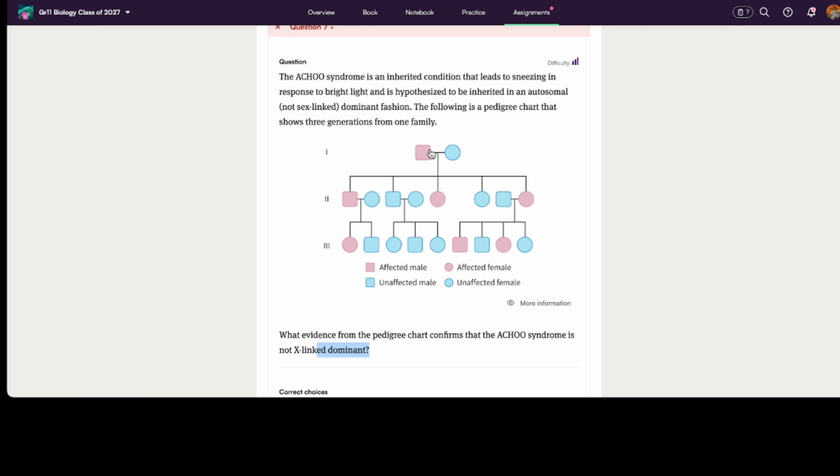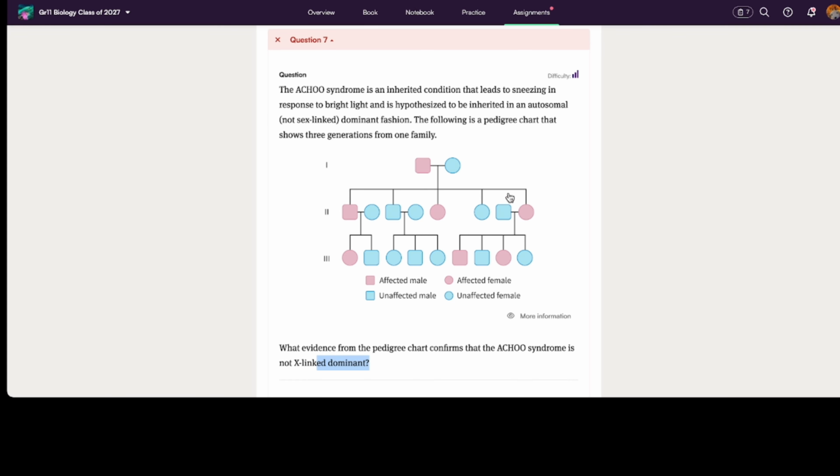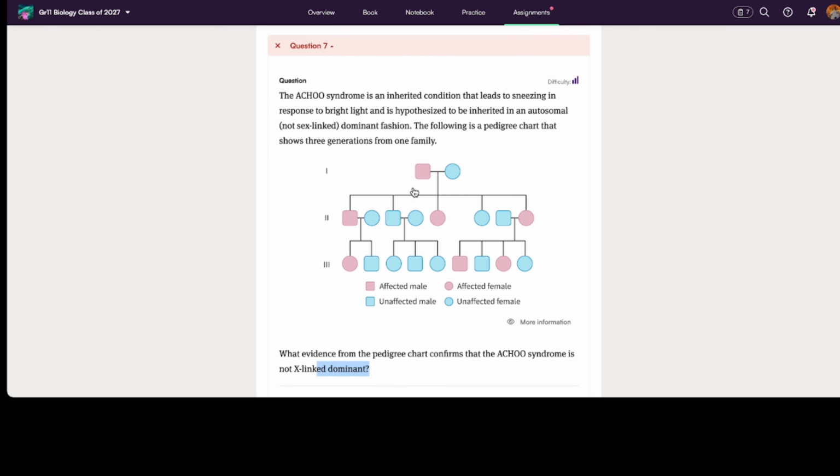So all of the females in the F2, the filial generation 2, would have to be diagnosed. But we know that because it is a dominant problem and the mother is healthy, the X gene she supplies to a son will be healthy.